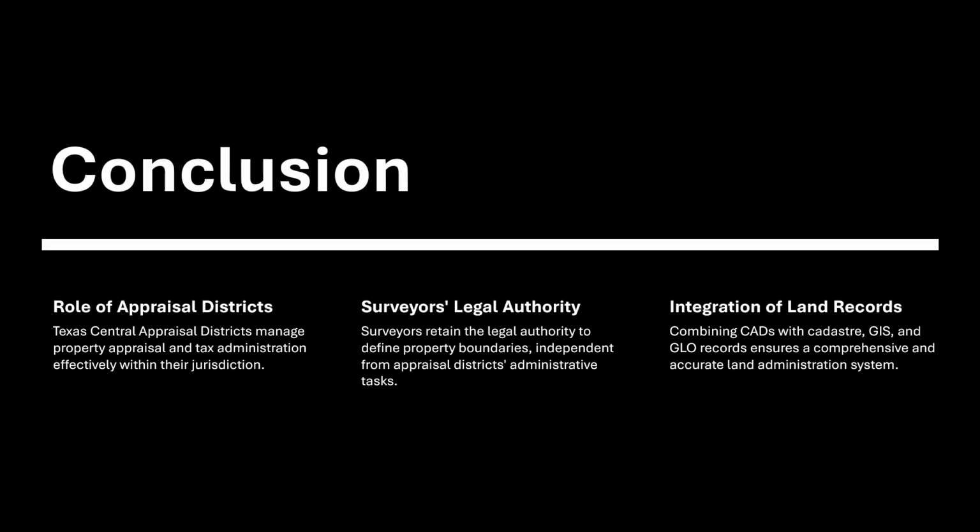They appraise property, maintain parcel maps, and administer exemptions. Their parcel lines are convenient and widely accessible, especially in digital GIS systems, but they are not authoritative for boundary determination. As surveyors, you must always remember and remind your clients that CAD maps are administrative approximations, not legal surveys.